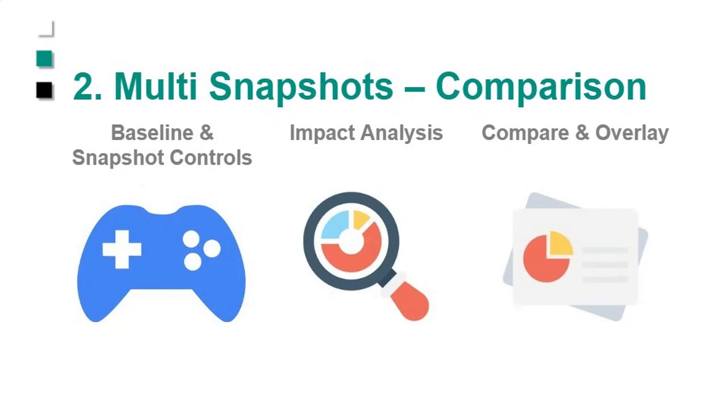Our snapshots can take a variety of levels of data, including baselines, and because we've got baselines and multiple snapshots, we can do impact analysis and compare different updates quite readily, quite a bit easier than trying to do it in the back-end tables.